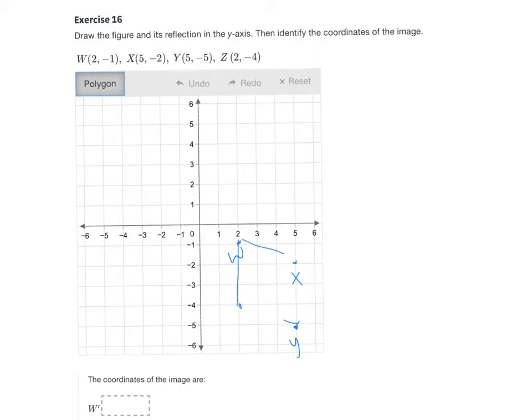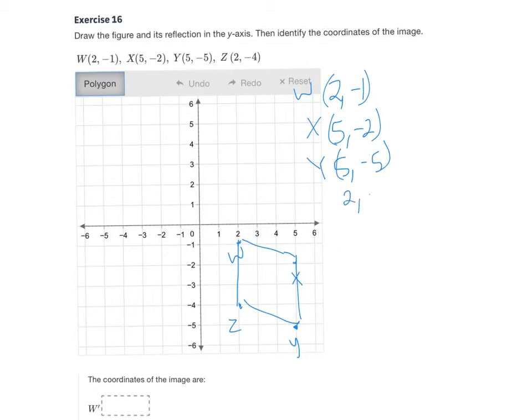So it looks like we have some kind of a quadrilateral that's a parallelogram. And we're going to reflect this across the y-axis. And so what we can do is take our points, 2, -1, that's W, and then we got 5, -2, that's X, we've got 5, -5, that's Y. And we've got 2, -4.